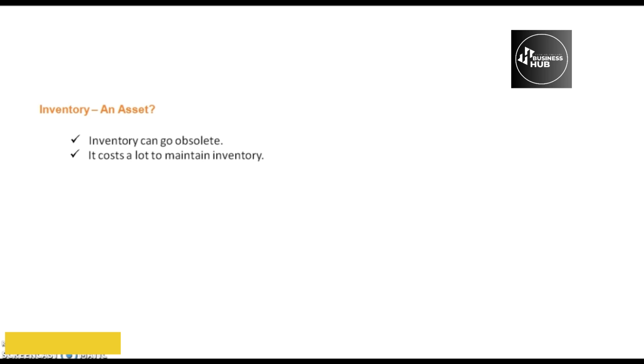The second concern with a lot of inventory is that it requires a lot of money to maintain. Probably you have inventory that needs certain temperature or relative humidity requirements, or probably you need a lot of manpower to handle the warehouse in which you are maintaining the inventory. There are multiple costs that are relevant to inventory.